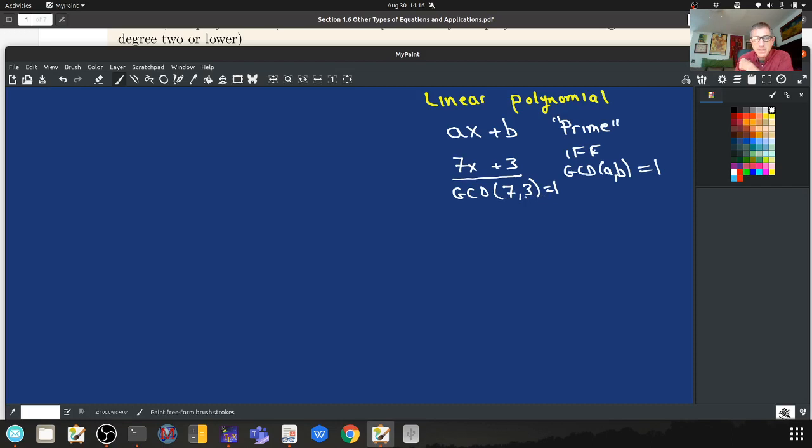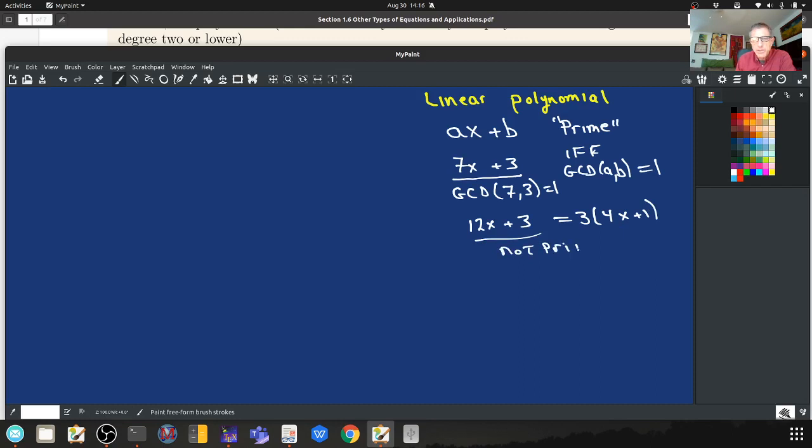In this case, that's not the case, so it's 1. I'll give you an example of a non-prime linear polynomial. 12x plus 3. Well, the GCF or the GCD is 3, so I can factor out a 3, and that gives me 4x plus 1. So this is not prime.